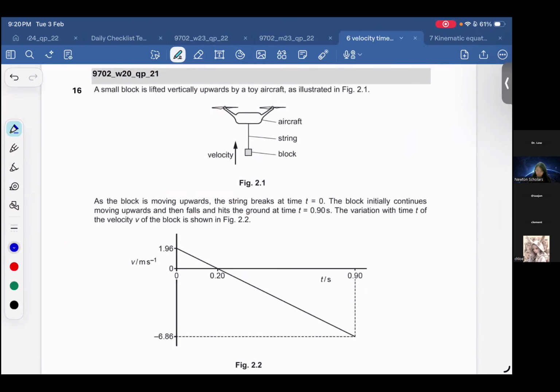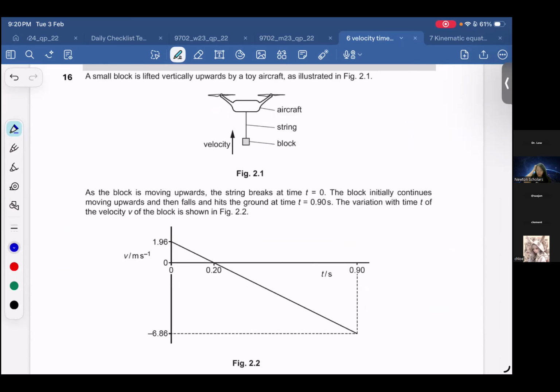Okay, this one. A small block is lifted vertically upwards. So it's going up. So circle up. What is your motion? The block is moving up. The string breaks at time t equals 0.